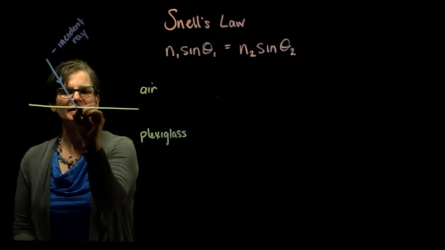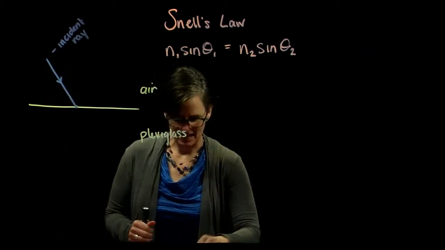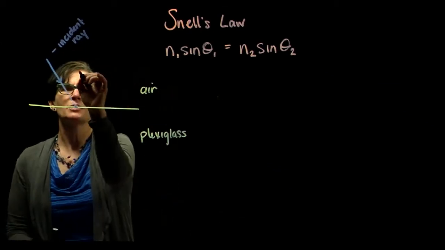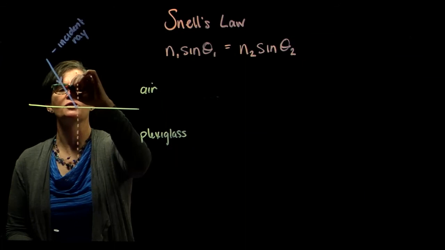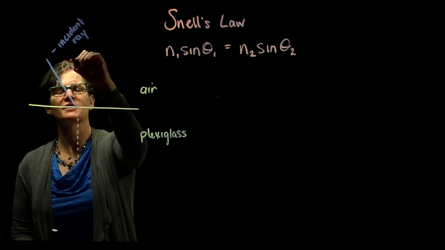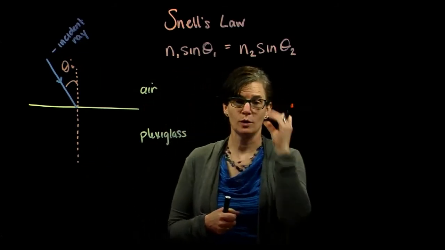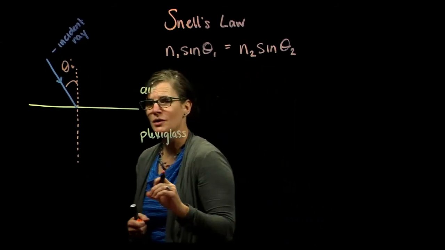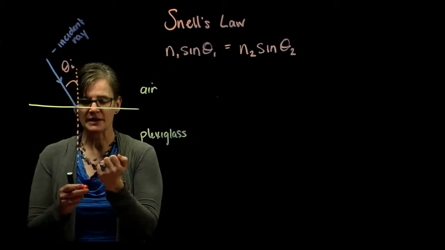And it hits at this point of incidence. The angle at which it hits that boundary is taken, remember, relative to the normal. We draw that normal at the point of incidence, the normal to the boundary at the point of incidence.